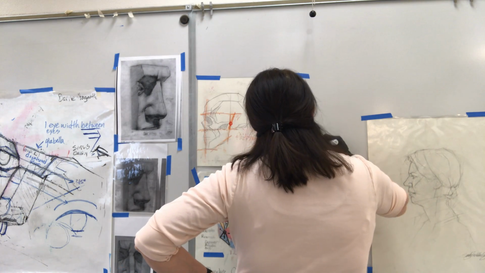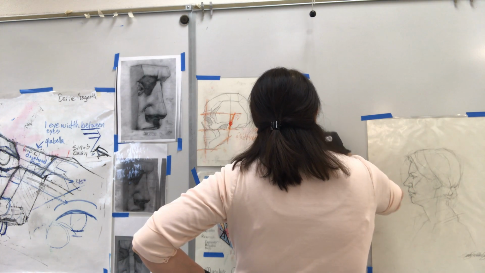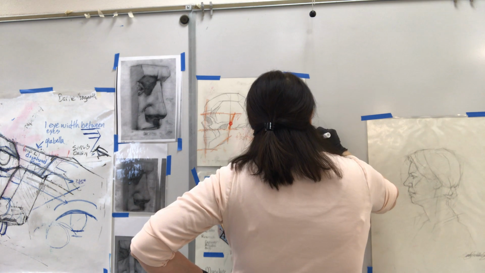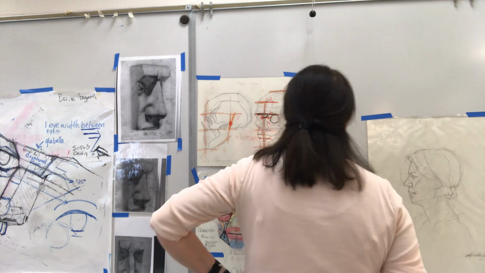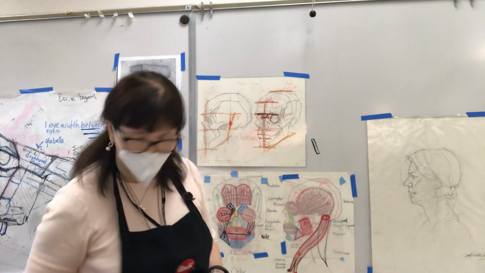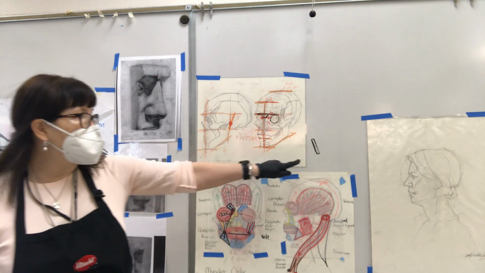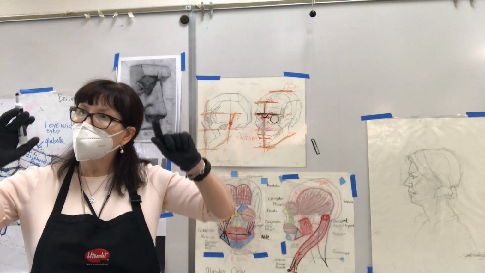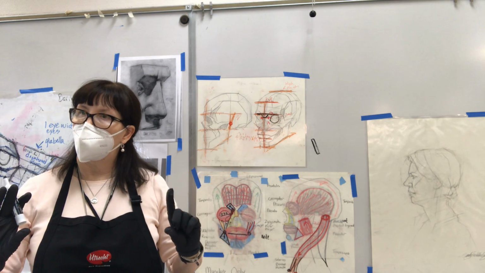So rather than sitting at a vertical angle, the structure of the eye, man, I got a new marker, it's not coming in yet. The structure of the eye is the angle sits back. It sits more forward and it sits back.